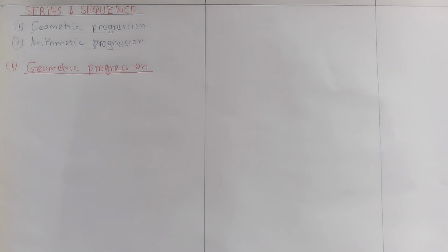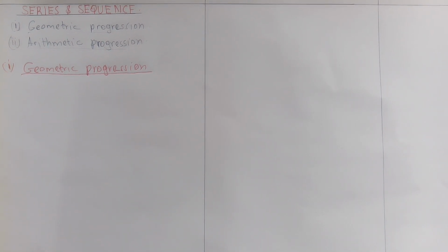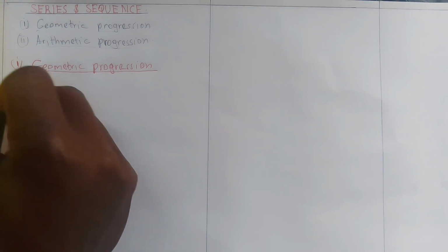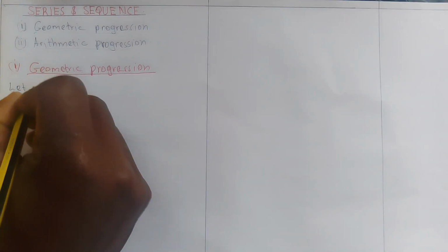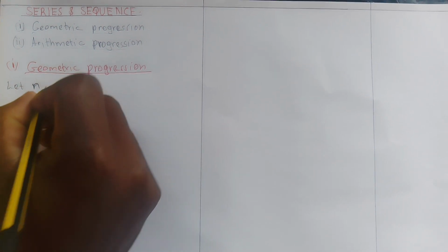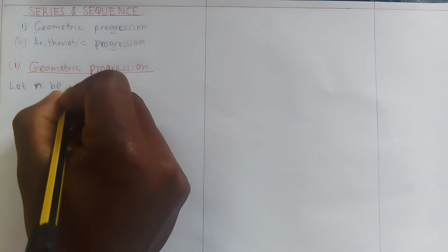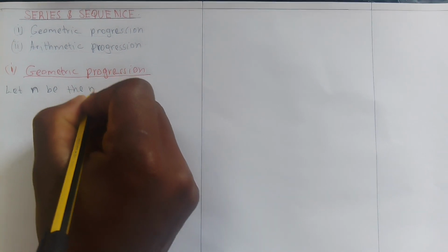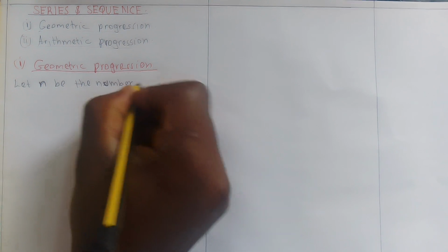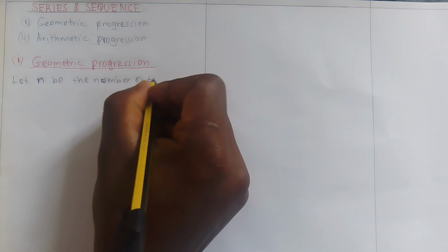In geometric progression, you have to consider three very important letters. Let n be the number of terms.